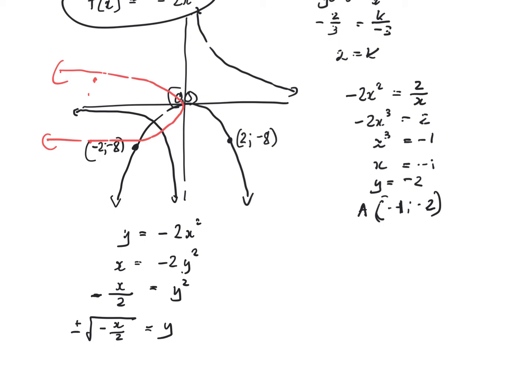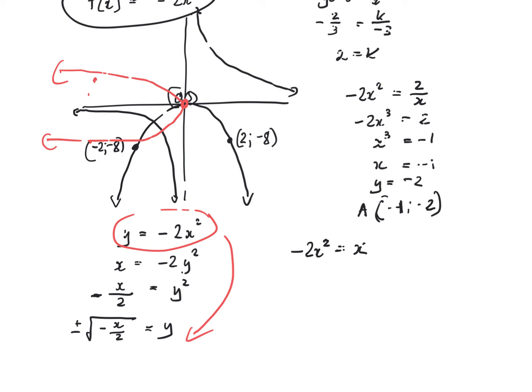What are the points of intersection between these two graphs? Well, they're obviously going to go through (0, 0). But now you don't want to go and make that function equal to that function. You're going to get lost. So you know that they always meet on the line y = x. So rather make -2x² equal to x.